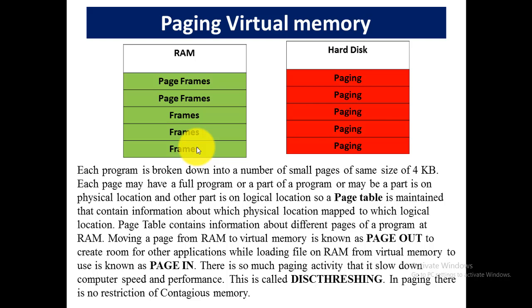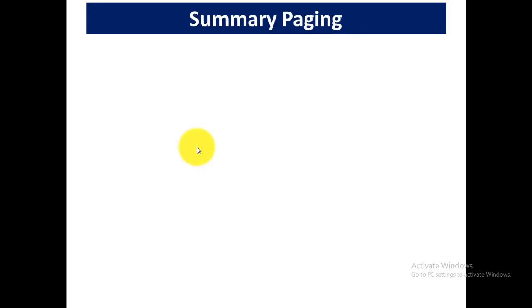There can be so much paging activity that it slows down the computer speed and performance. This is called disk thrashing. In paging, there is no restriction of contiguous memory, which is a big advantage of paging. So let's summarize paging.